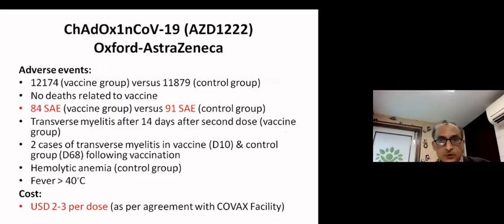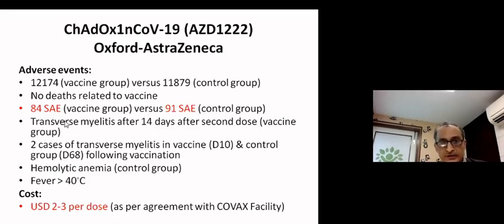So as you would expect, you do get adverse events with a lot of vaccines. There were about 84 serious adverse events in the vaccine group, whereas there were 91 in the placebo group. So this is more or less similar.